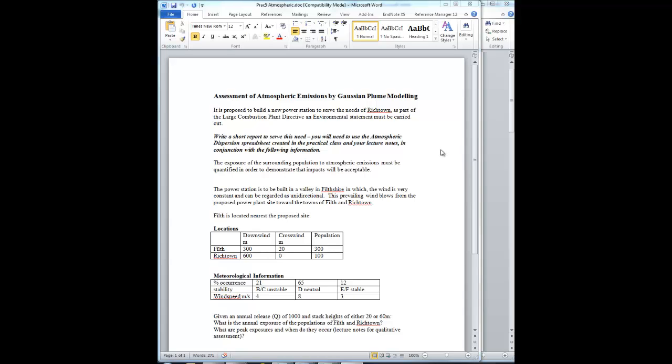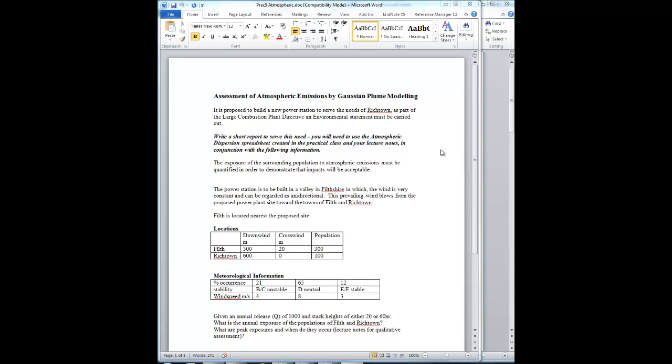For you, the client is a developer. They're building a new power station, and it falls under the Large Combustion Plant Directive that requires an environmental statement, and you're tasked with producing the environmental statement and one particular part of it, which is concerned with the atmospheric emissions from the power station.